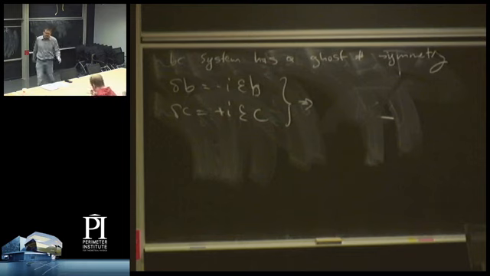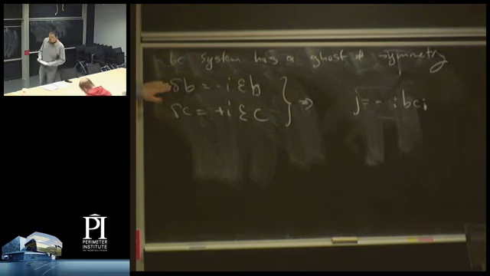So this CFT has a symmetry. This is called ghost number symmetry. So the BC system has a ghost number symmetry.